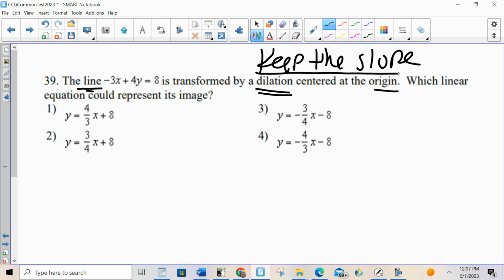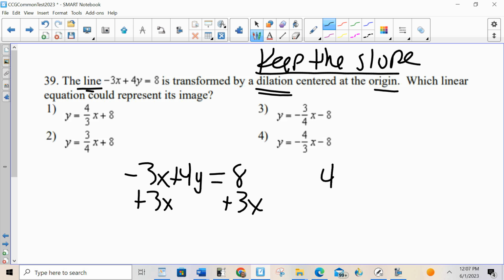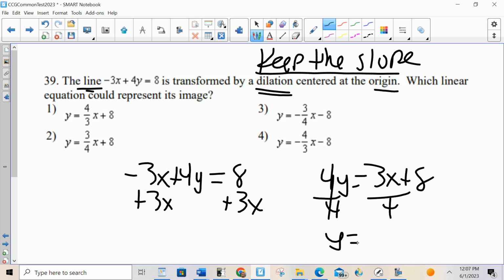I need to see which one has the same slope. So I'm going to get this into slope-intercept form, since all the choices are in slope-intercept form. The slope of my original line is 3/4. So the slope of the image must also be 3/4.